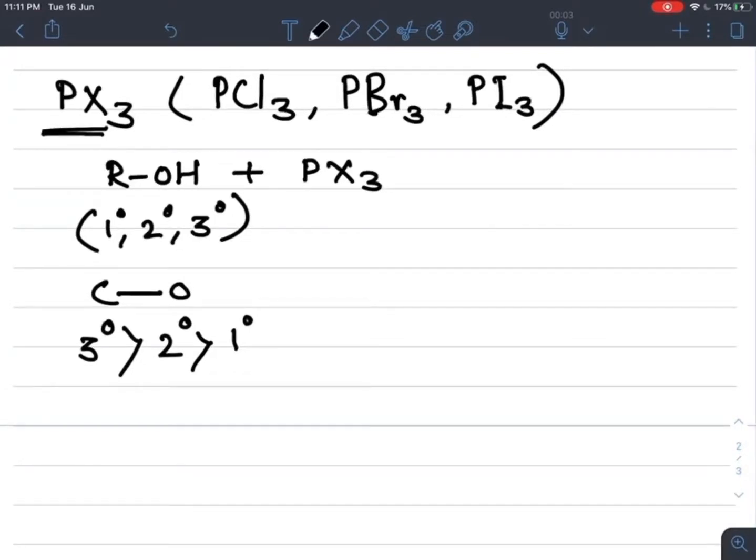If alcohol is treated with PCl3, then we get its corresponding alkyl chlorides. If alcohol is treated with PBr3, then we get its corresponding alkyl bromides, and if alcohol is treated with PI3, then this alcohol is converted into its corresponding alkyl iodides.